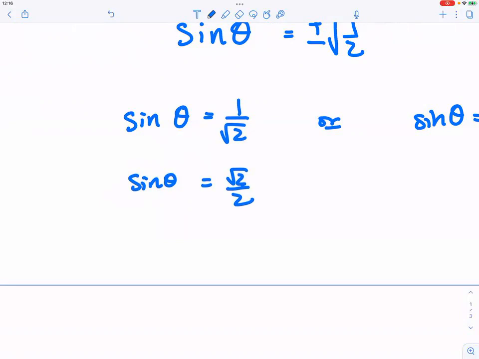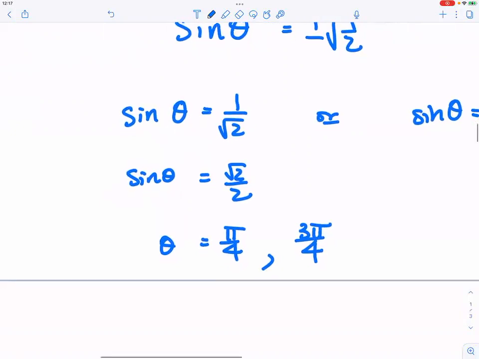What's the angle? We say, oh yeah, root 2 over 2, it's going to be pi over 4 in quadrant 1 and 3 pi over 4 in quadrant 2. Those two angles would get you the y value of root 2 over 2. Or if you use my method, root 2 over 2 means the reference angle is pi over 4. It's positive, though, so that means it must be in quadrant 1 and quadrant 2. So you just get those two angles.